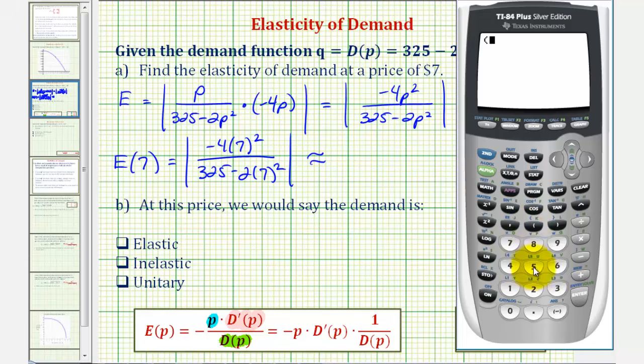So we have open parenthesis, negative 4 times 7 squared, close parenthesis for the numerator, divided by, in parentheses, 325 minus 2 times 7 squared. And we're taking the absolute value of this, so this will be approximately 0.8634.